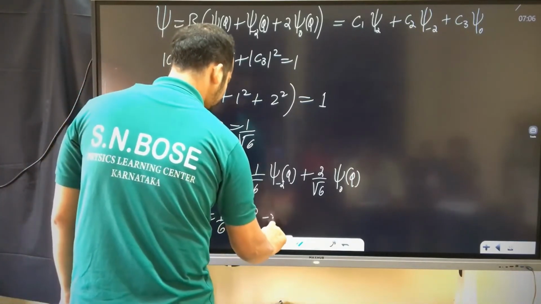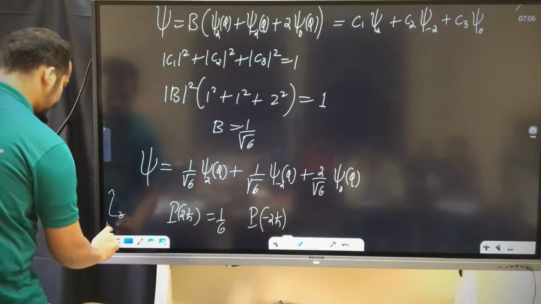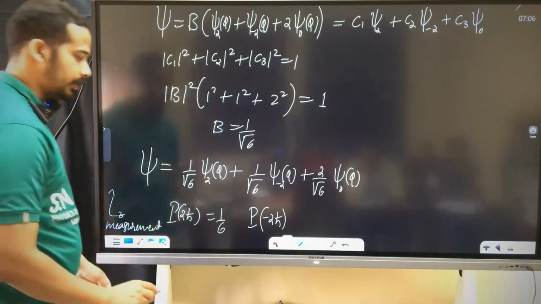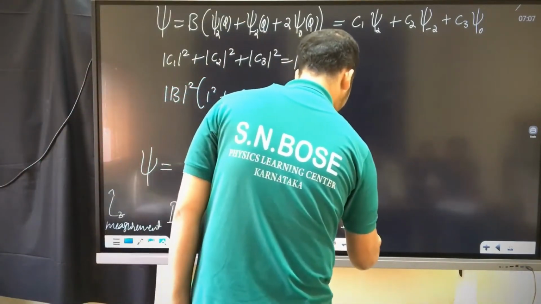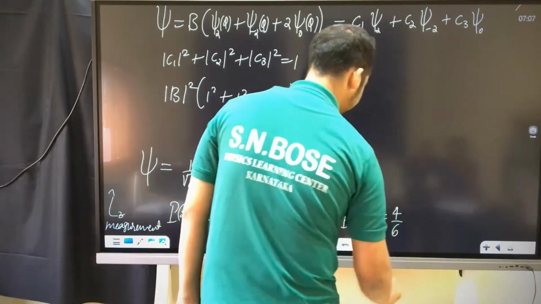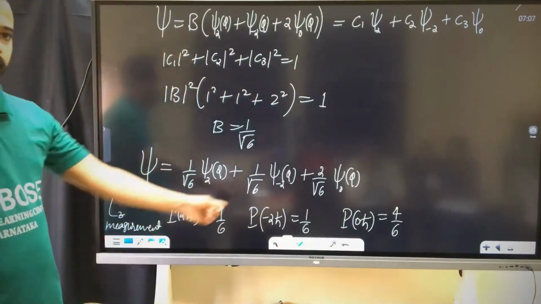Probability of getting minus 2 h bar, when you do Lz measurement, is also 1 by 6. Probability of getting 0 h bar is 4 by 6. I'll keep it as it is. Is that 1 when you add? Yeah.